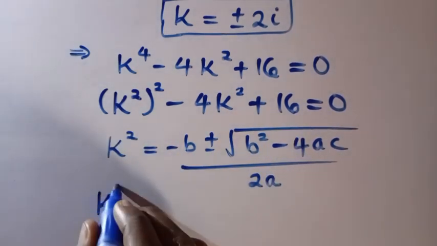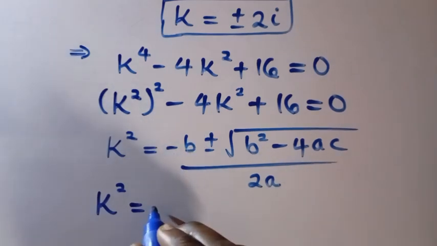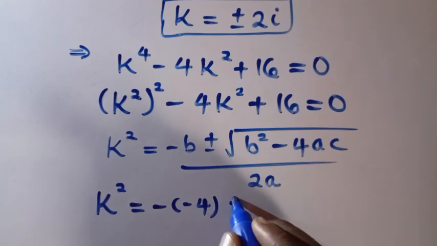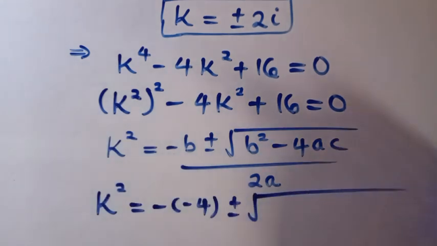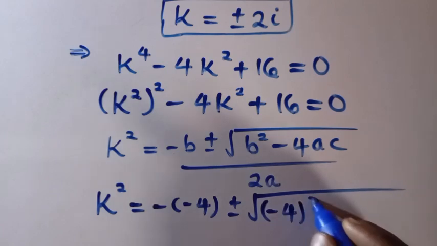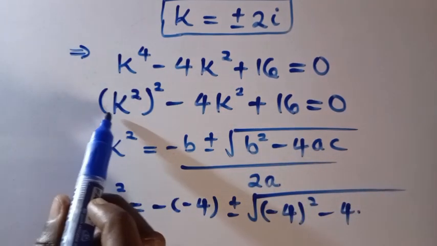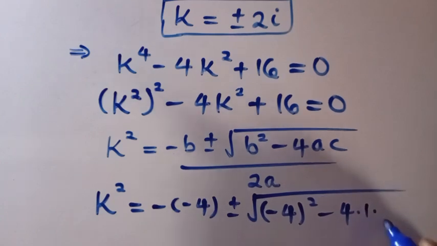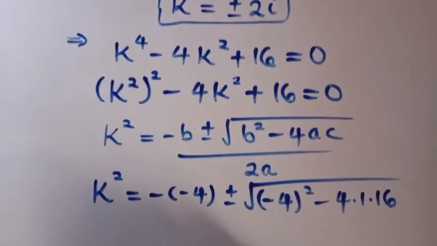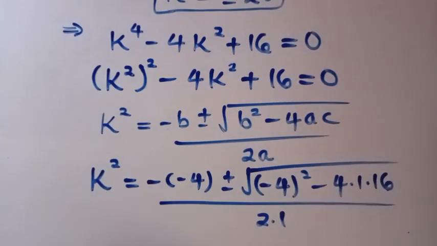So here we have k squared equals, b here is minus 4, then we have minus into bracket of minus 4 plus or minus square root of minus 4 squared minus 4 multiplied by a, which is the coefficient of this, 1, multiplied by c, which is 16, and all divided by 2 multiplied by 1.